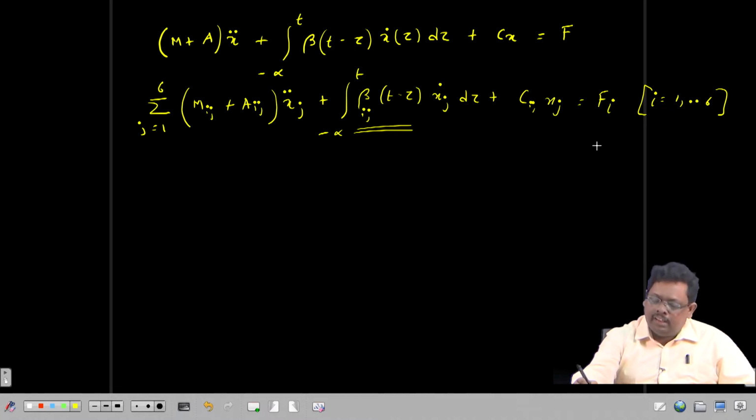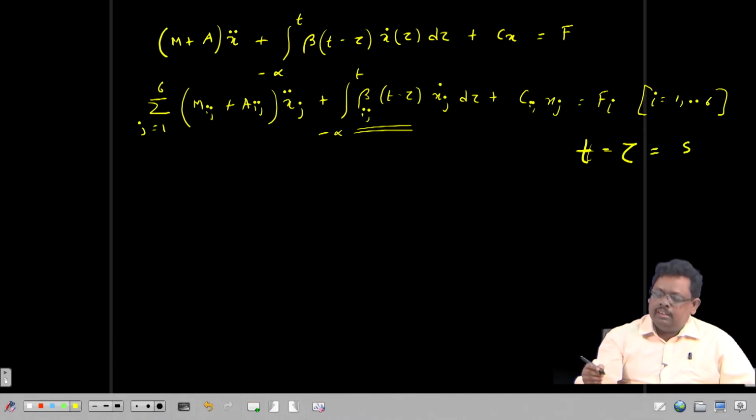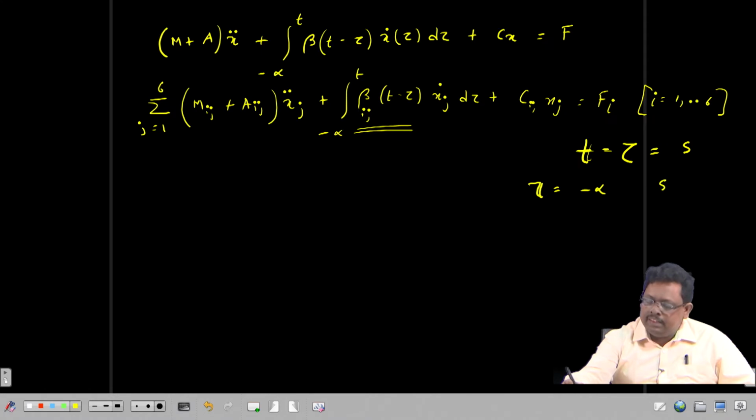Let us take t minus tau as s. Now, if you take tau equal to minus infinity, then s becomes infinity. If you take tau equal to t, then your s becomes 0.